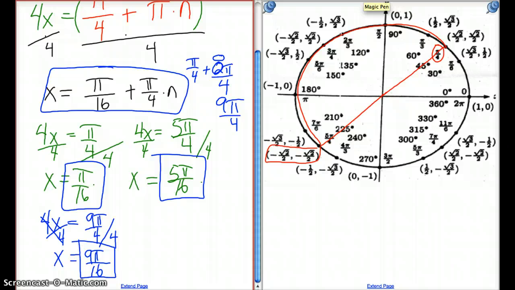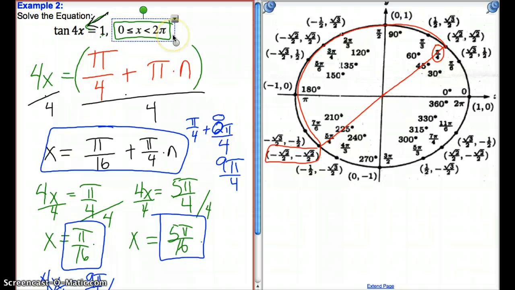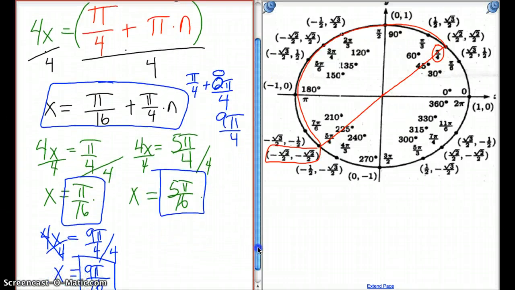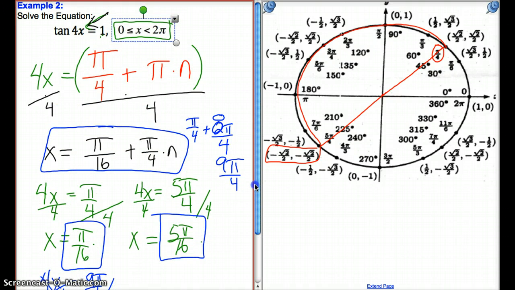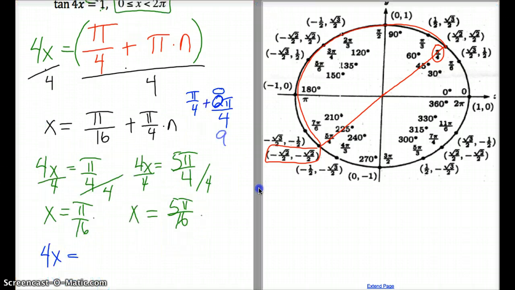We have to keep going until we get answers that are bigger than 2 pi. That is my goal. The goal with this question was to find all solutions between 0 and 2 pi. We've found 3 of them. There are many more. So keep going and finding all the solutions where tangent of 4x will equal 1. I will check your answers on that tomorrow.